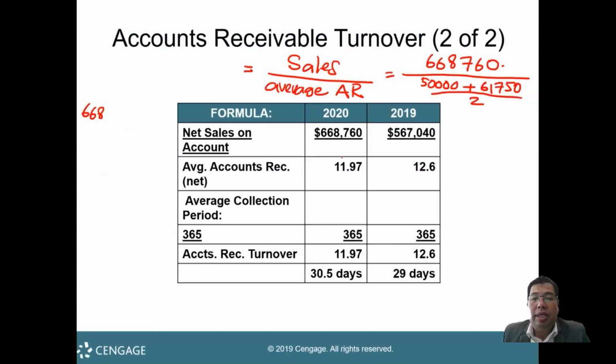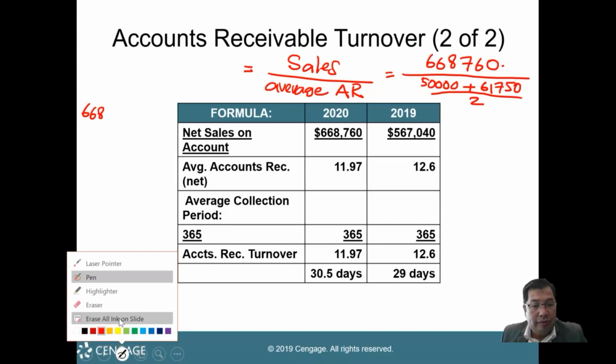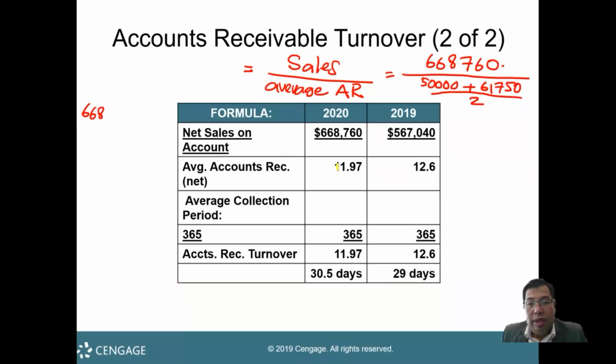Can you get this 11.97? Yes. So this is 11.97. It means that your sale is 11.97 times of your average account receivable.